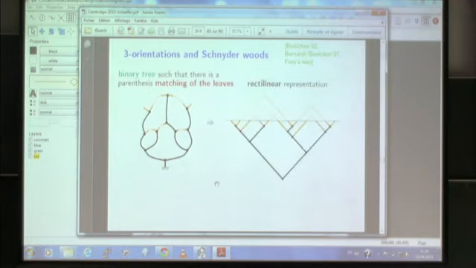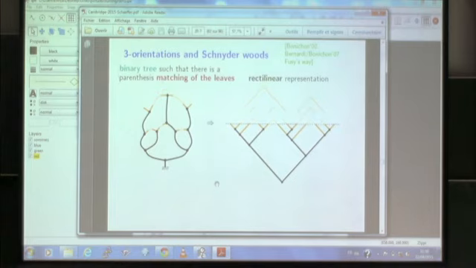So this is a binary tree, which is up there, that represents the matching of these edges, and what remains in black is also a binary tree, because I started from a triangulation, and so the dual has cubic vertices, and so what I get below is the binary tree.